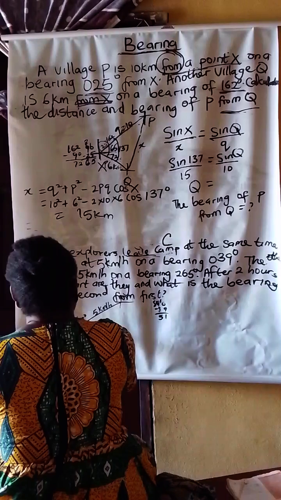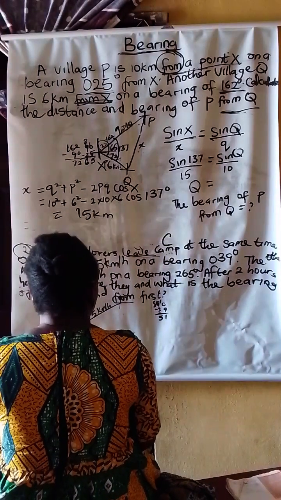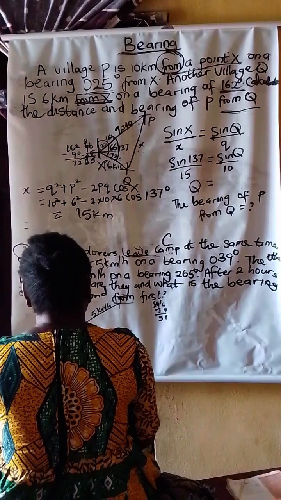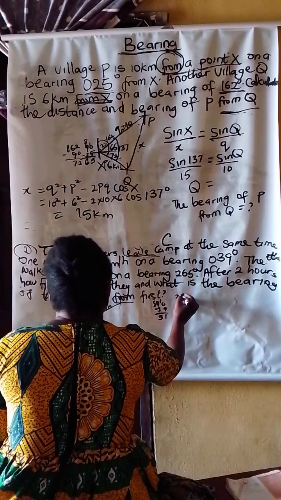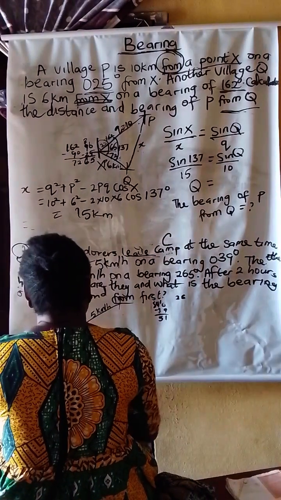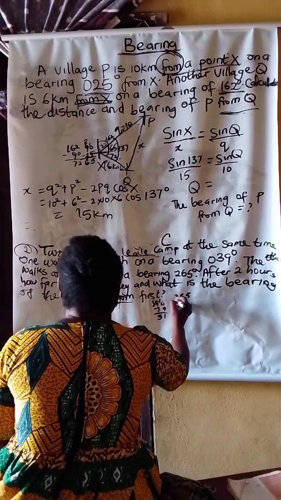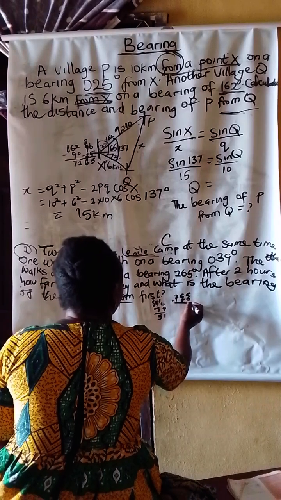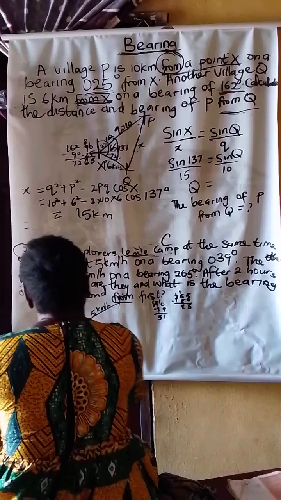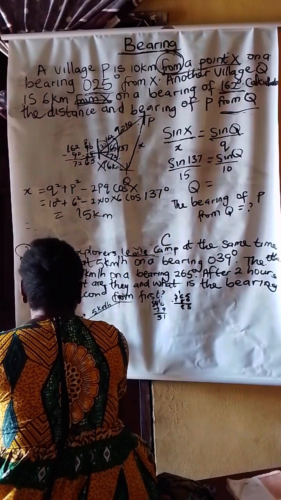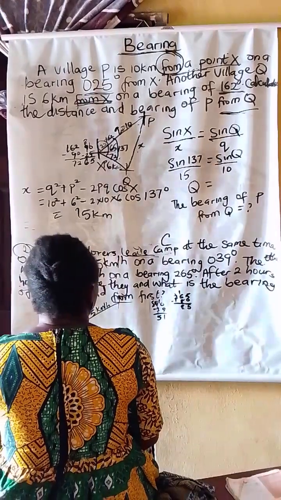So this is 51. Then 265 minus 180. We have 5, borrow 1 here, we have 85. So this is 85.